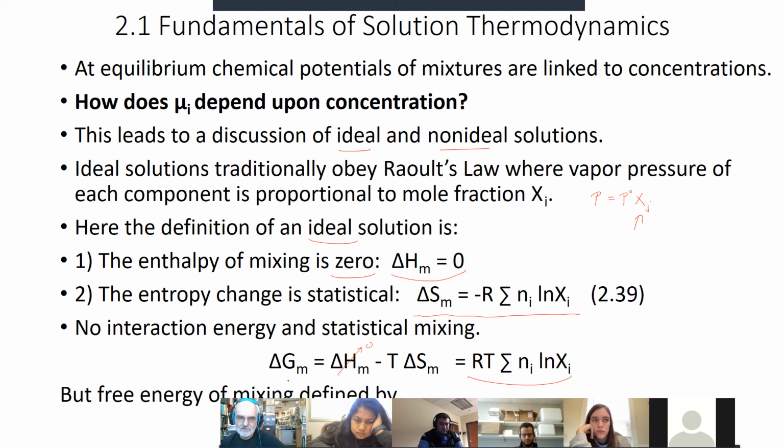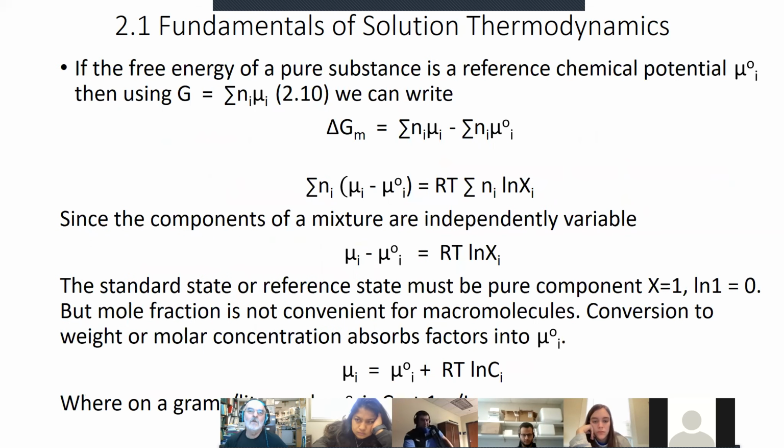Now, the free energy of mixing can also be written down by final minus initial. So the solution minus the pure components, a sum over all components. When we do that, we can go back to this idea of a chemical potential as written down previously. We can write this down as the sum n sub i mu sub i summed over all components, using this relationship, the partial of G with respect to n sub i, times n sub i summed over all terms, minus the same sum, but over the pure components.